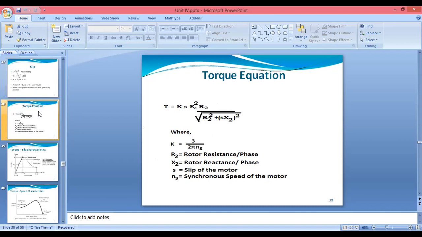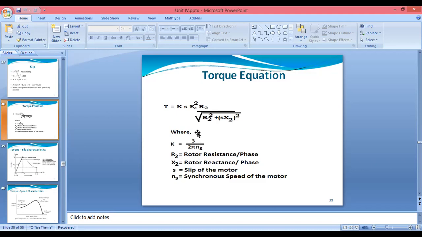Or another way: you can write PM equal to Eb Ia, back EMF into armature current. Or you can write PM equal to torque into W, where W means angular velocity. You can write W equal to 2 pi. If we take one constant term as K, there we had K equal to 1 upon 2 pi, but here we are using the three phase.